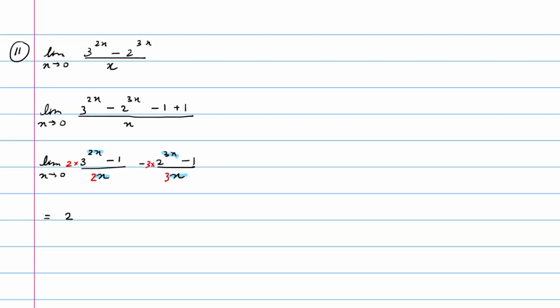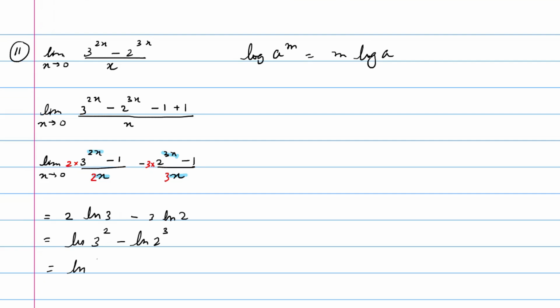So taking the limit, you get 2 ln 3 and 3 times ln 2. The property is log a raised to m is m log a. Here you have ln 3 squared and ln 2 cubed. So this is 9 upon 8.